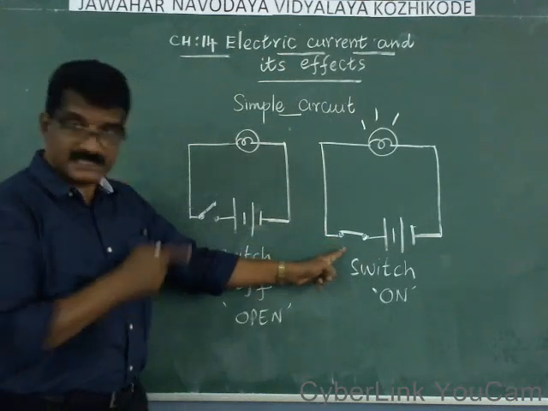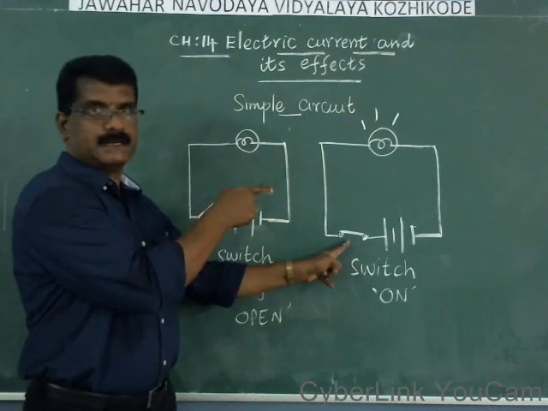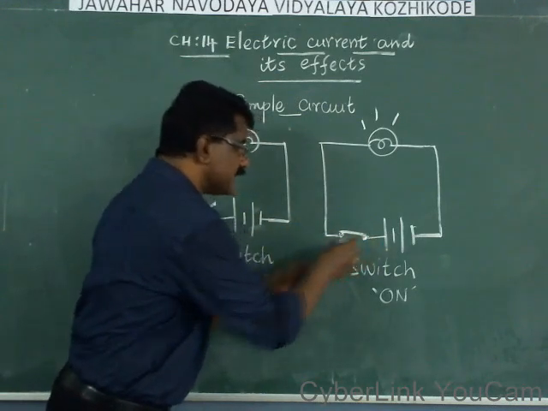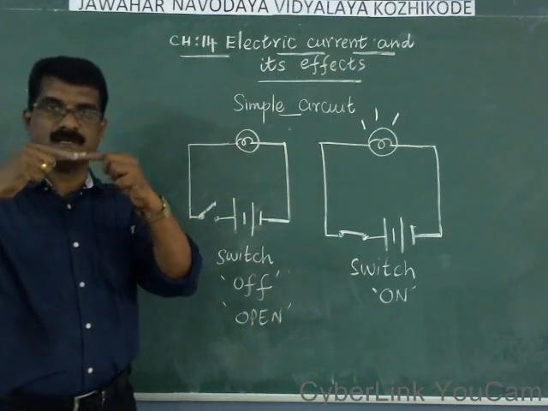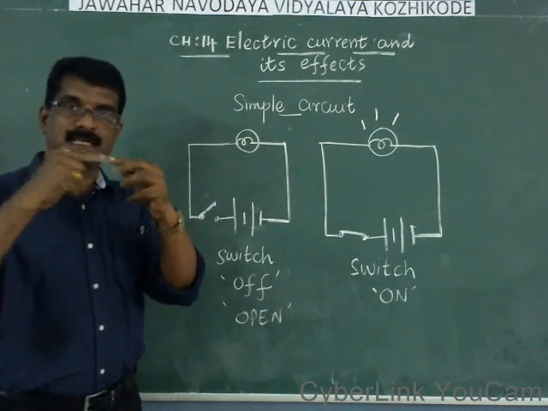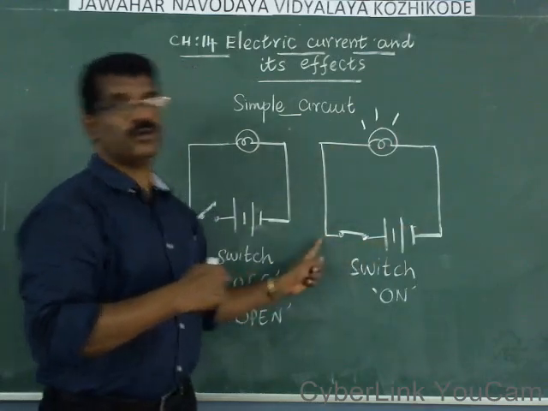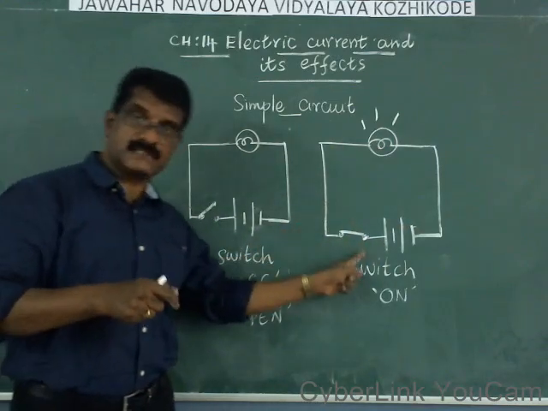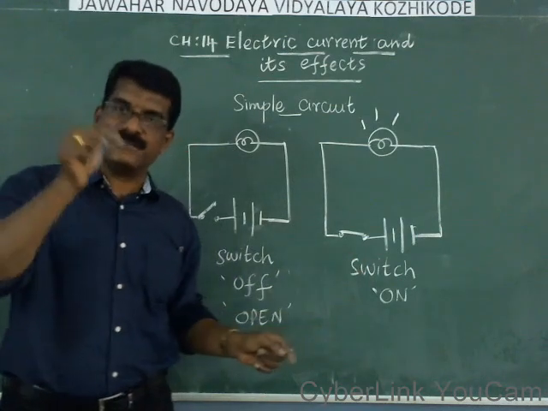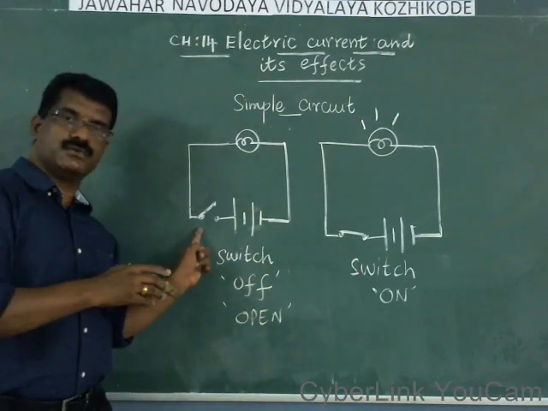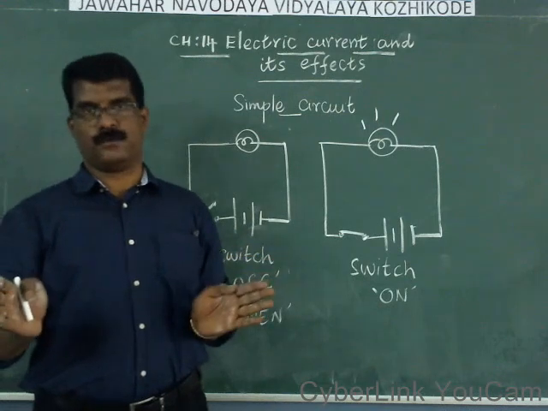But see, in this case, the switch is in on position. In switch on position, we can say that the circuit is closed. When the circuit is closed, the wires are touching each other, therefore the current will flow. So in a closed circuit, the electricity flows, whereas in an open circuit, the electricity will not flow.